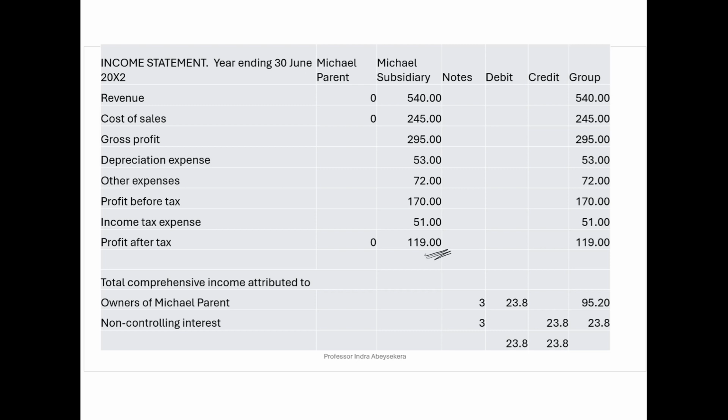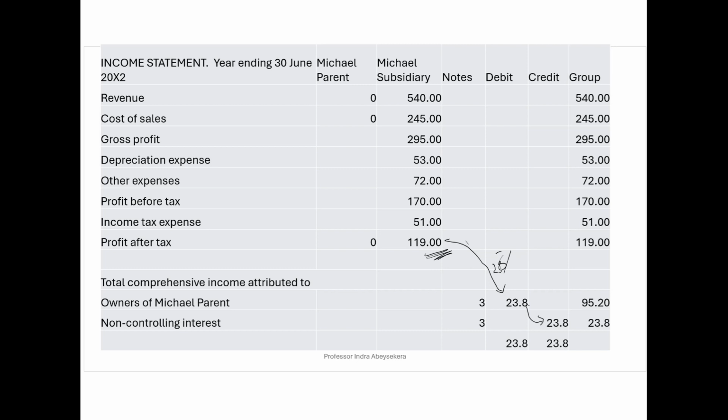But it can be attributed to Michael, how much is for the parent and how much is for the non-controlling interest. We saw that 23.8 of that, that's the 20% of that, has to be assigned to Samuel, and 80% is assigned to Michael. So we take off 20% of that, and then we assign that to non-controlling interest, non-controlling interest in Michael's subsidiary.